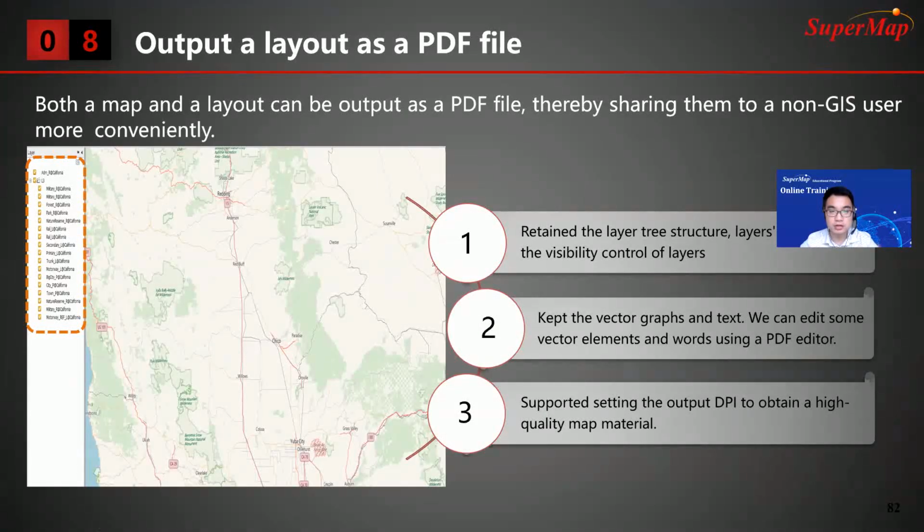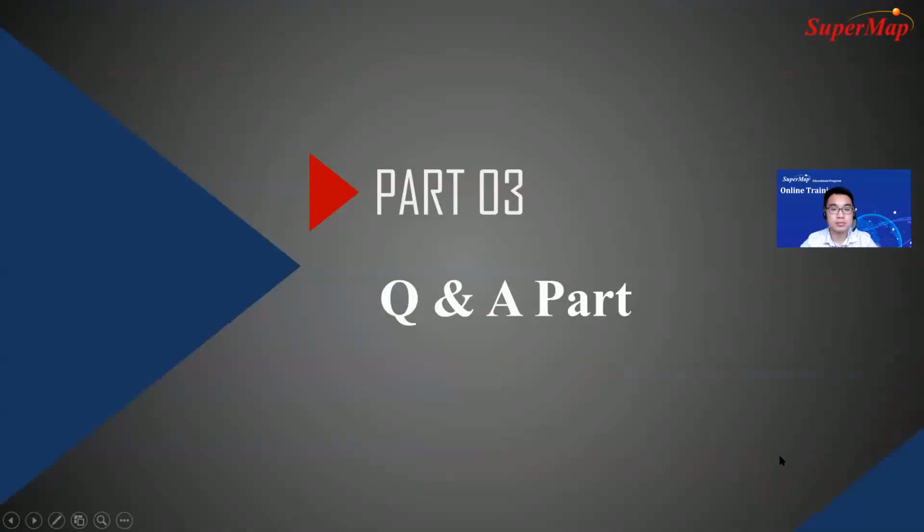So the PDF is a better way to save all the feature elements. So until here, I think today we have already covered all the basic functions for the iDesktop.